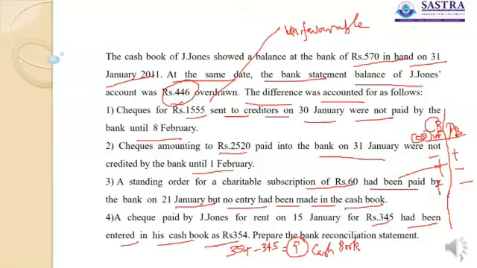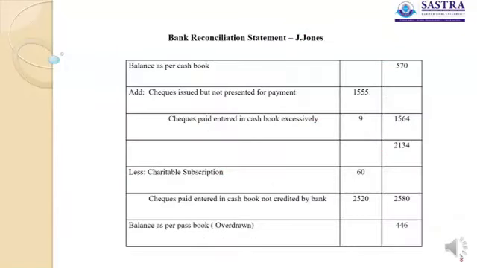So the 9 rupees excessively shown in the cash book will have to be taken for the bank reconciliation statement, which, being a payment, decreases the cash book balance but not the passbook.